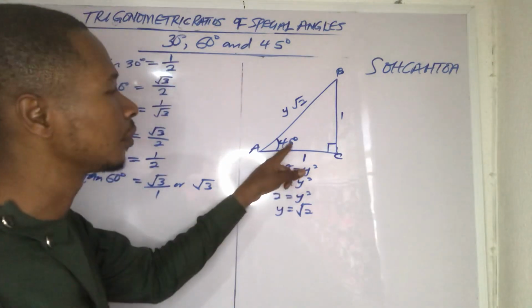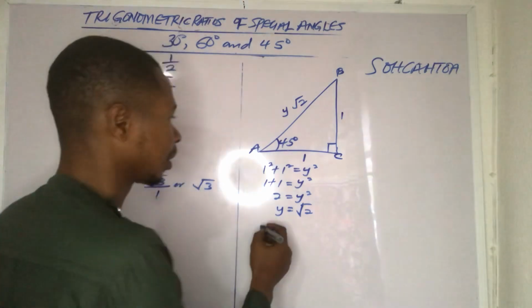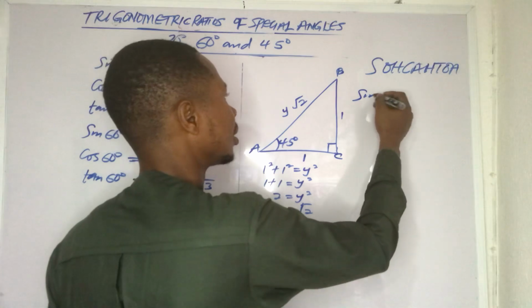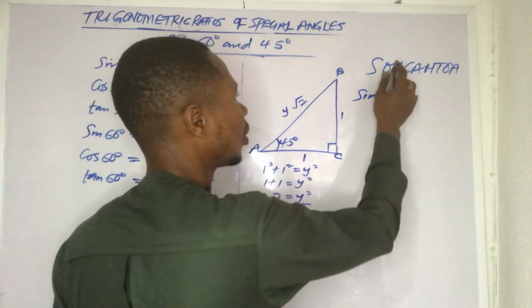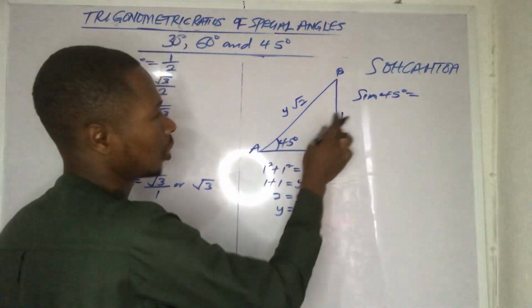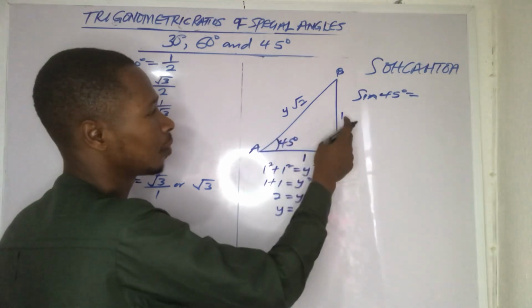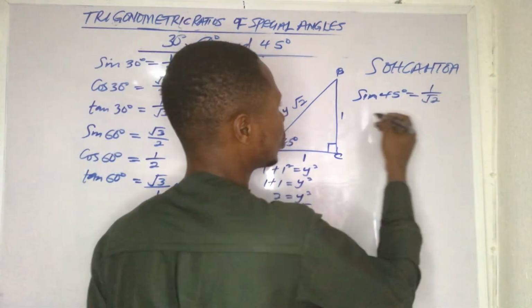Then considering this 45 degrees now, what is sine? As I've done before, you have sine 45 degrees. What is sine? Opposite over hypotenuse. That will give me 1 over root 2.